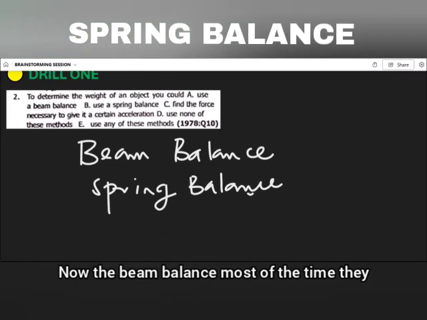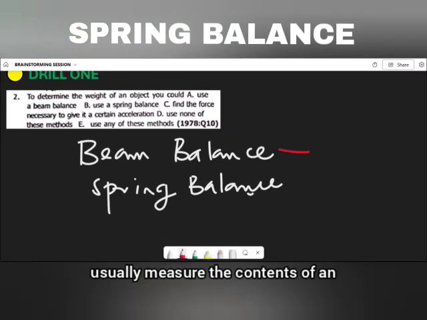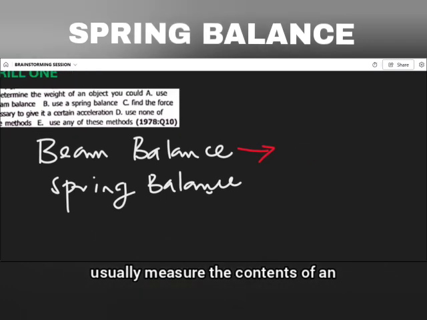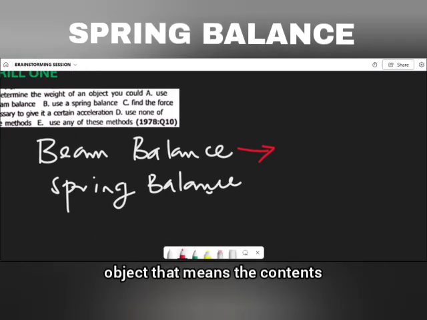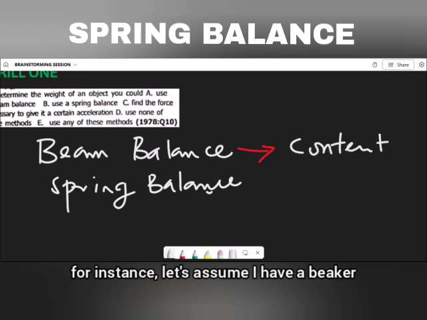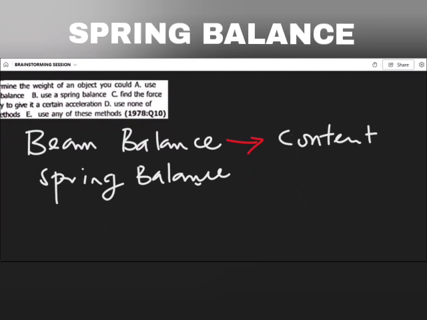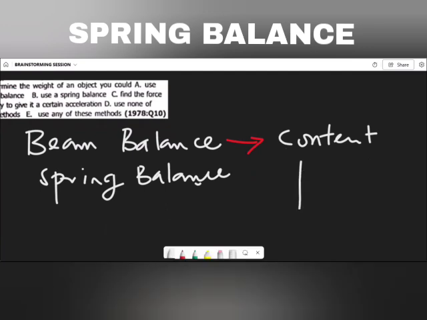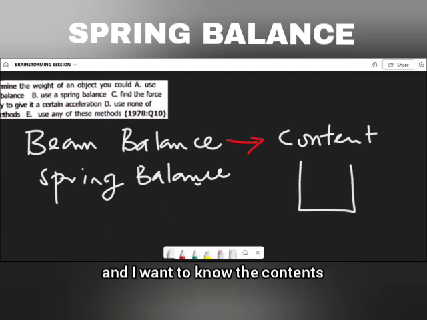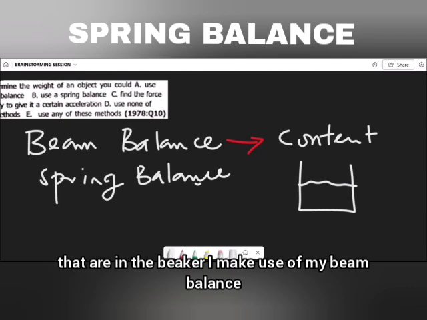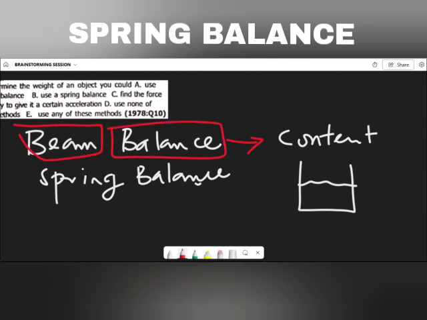Now, the beam balance, most of the time, usually measures the content of an object. That means the content. For instance, let's assume I have a beaker, and I want to know the content that is in the beaker. I make use of my beam balance. Are you seeing that?